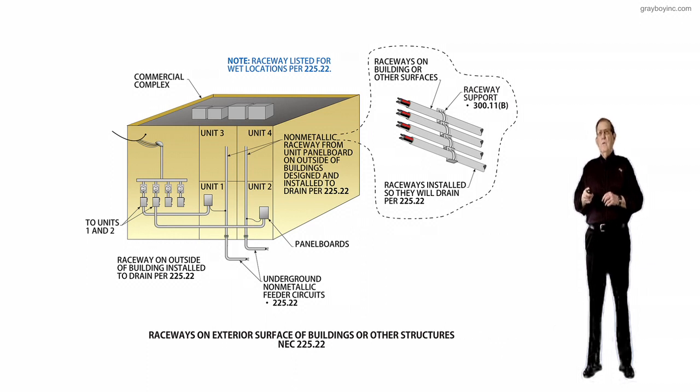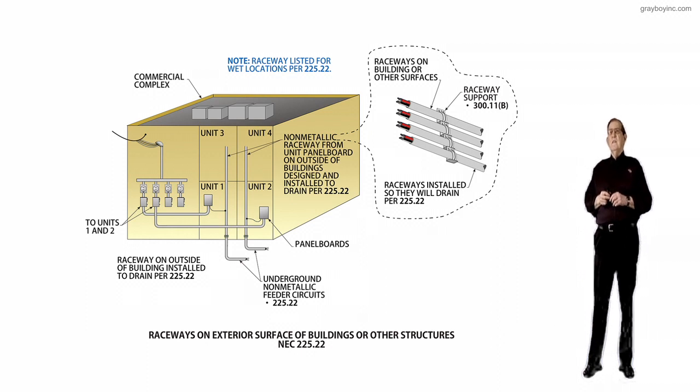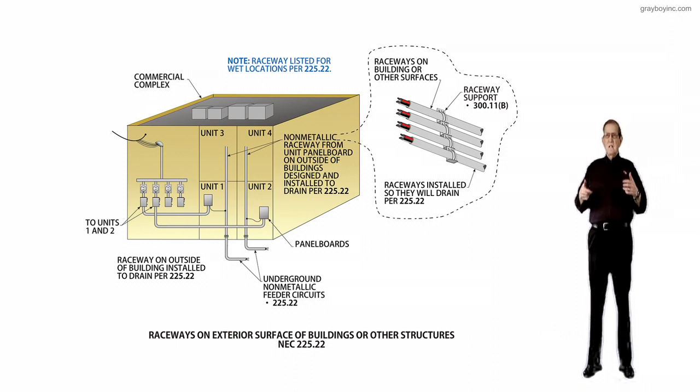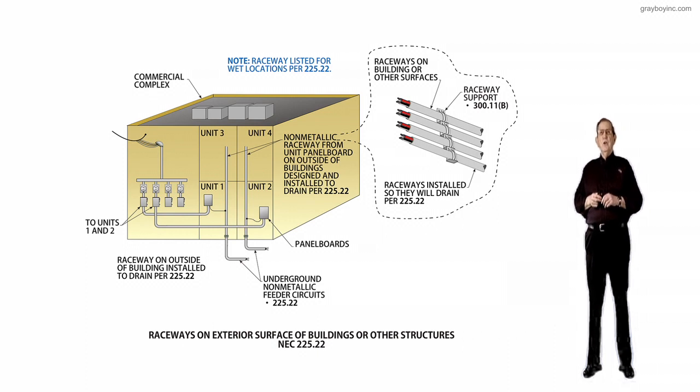Now notice on the outside of the building you have this information pointing to these raceways, and it talks about nonmetallic raceways from unit panel boards on outside of buildings designed and installed to drain per 225.22. So these type of raceways, should I say, fall within the 300.17 informational note.